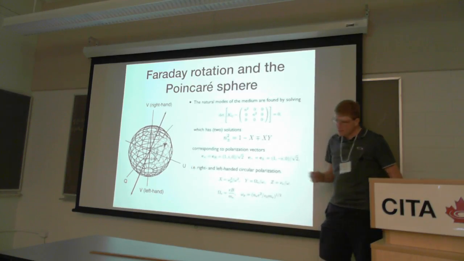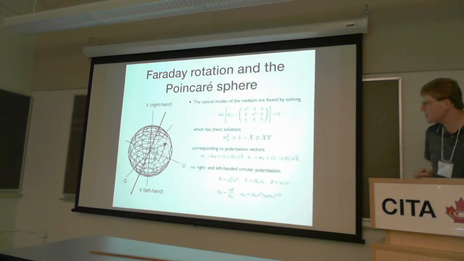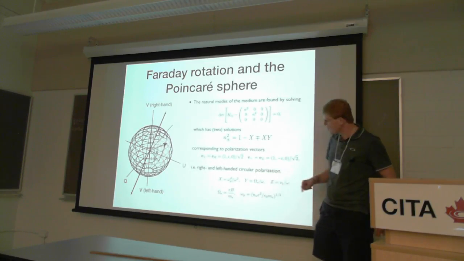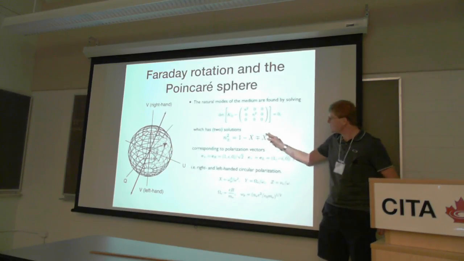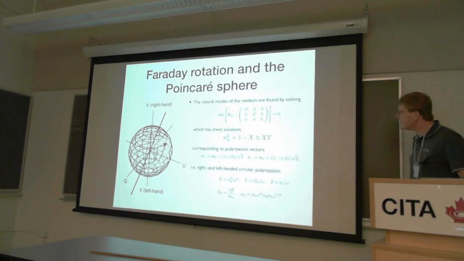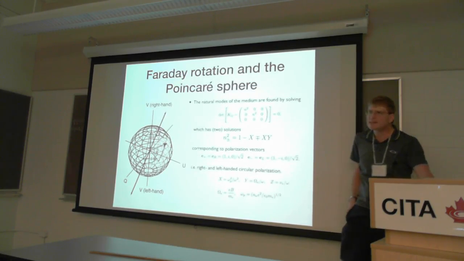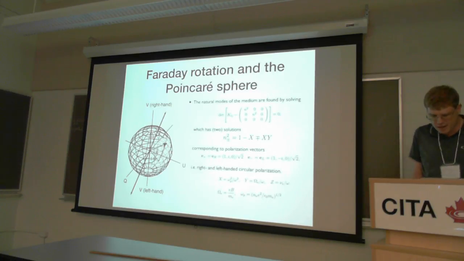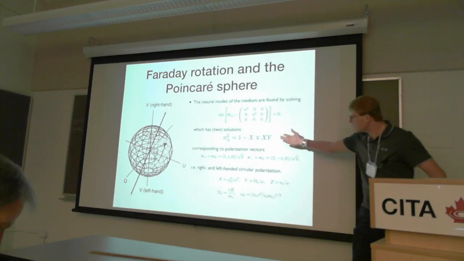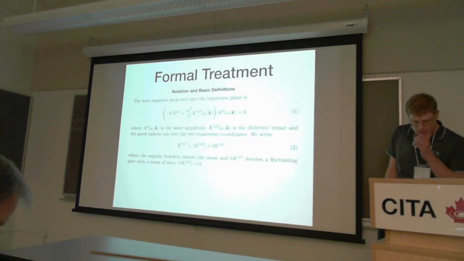This extra birefringent term is smaller by this value y, which is the electron cyclotron frequency over the frequency of the radiation. This is the effect of the birefringence, and that's the effect that gives you Faraday rotation in the interstellar medium. And of course, as you can see, it's a very much smaller effect.